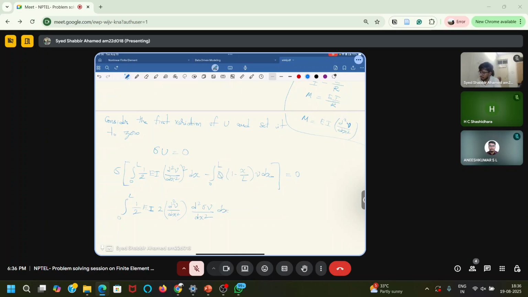You take this and do the differentiation once, and the inside term should also be differentiated. So we are applying the variation, which is similar to differentiation in some sense.